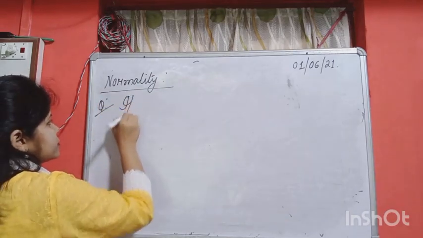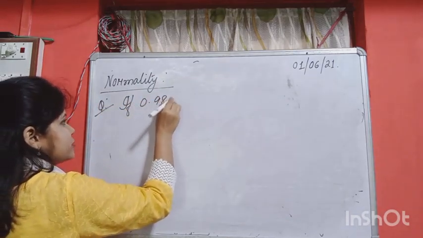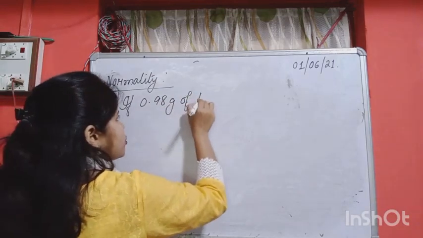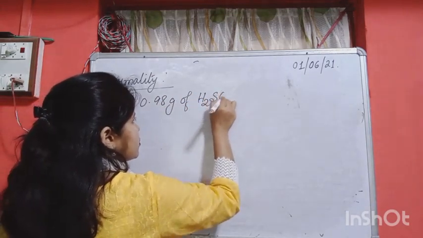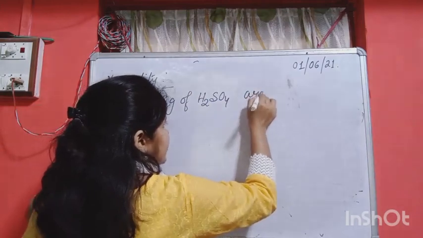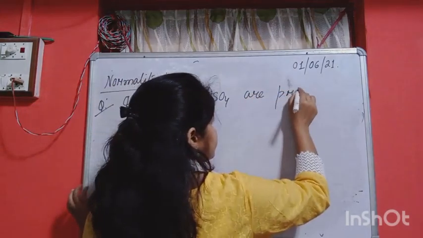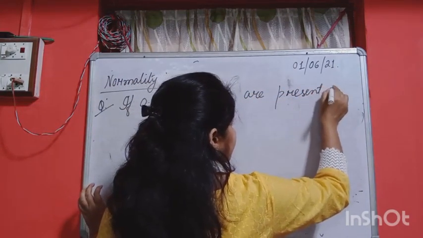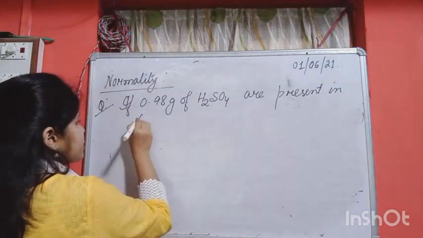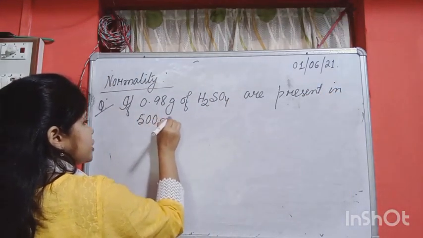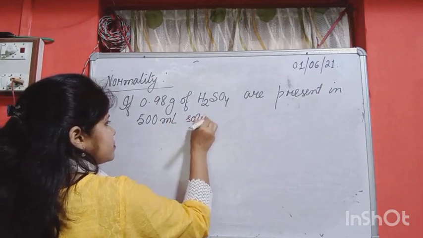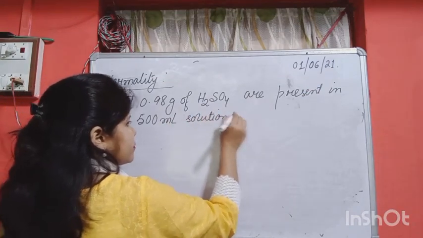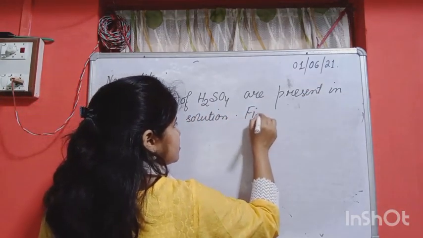If 0.98 gram of H2SO4 is present in 500 ml solution, find the normality.